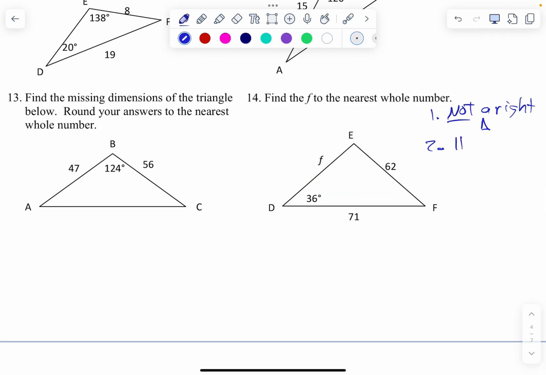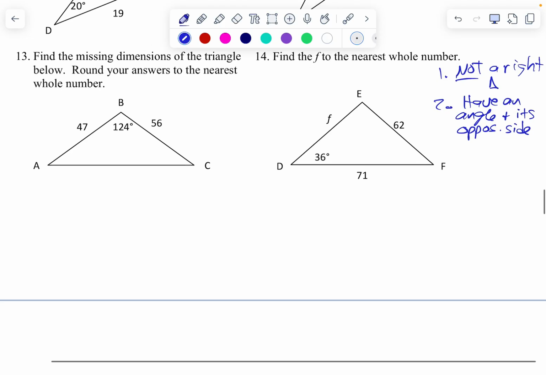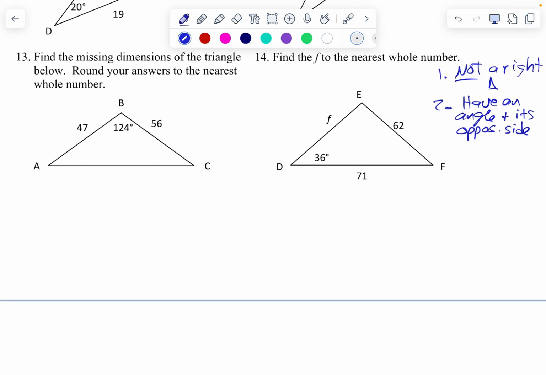Yeah, so we have an angle and its opposite side. So we're going to say that means what are we going to use?